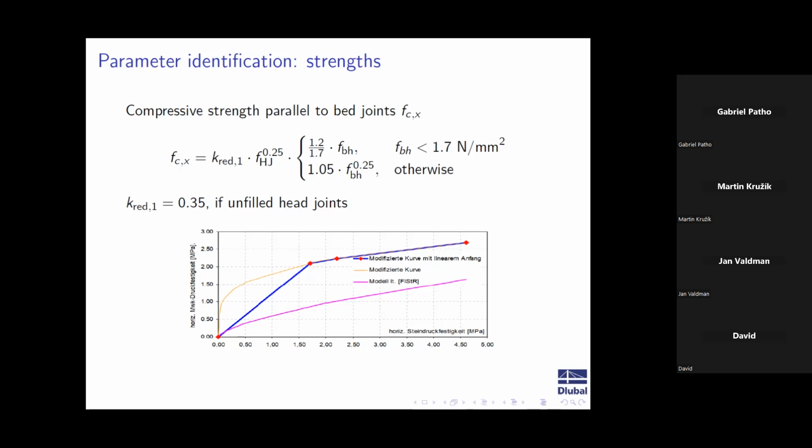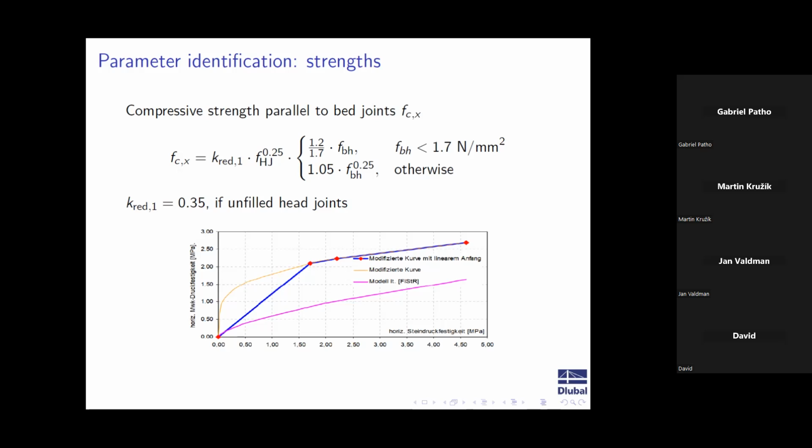However, this is my pink line. This was very conservative, so they rescaled that to another line and made it into a much easier expression. I'm not sure this was necessary. However, this gives a nice assumption.